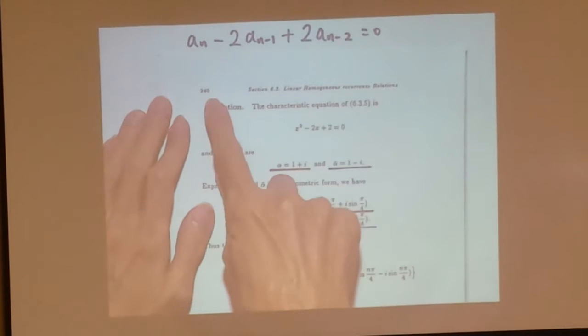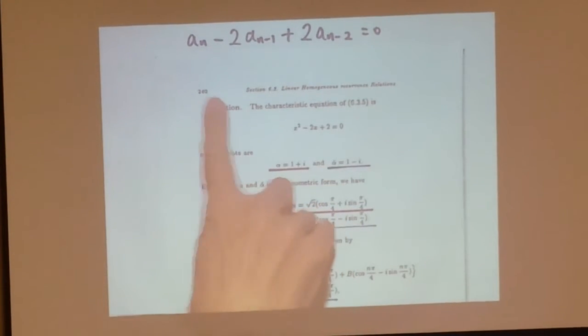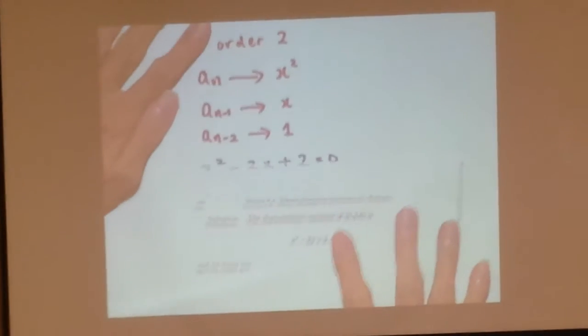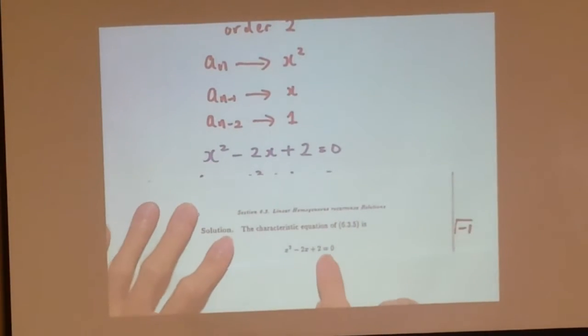So now you look at page 240. We can write down the characteristic equation: x squared minus 2x plus 2.